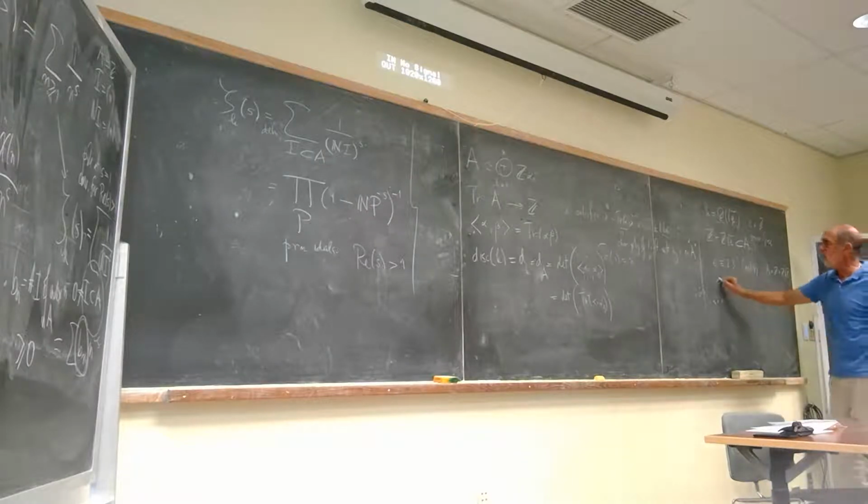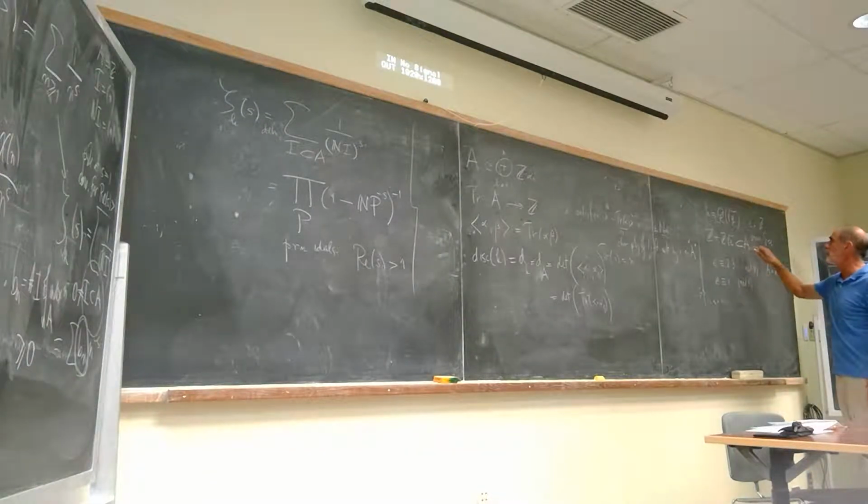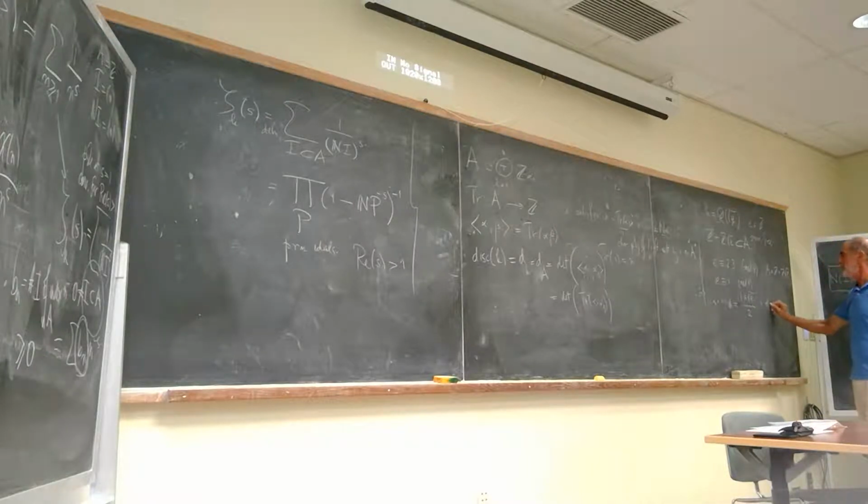But if e is congruent to 1 mod 4, it turns out there's another algebraic integer, alpha, which is 1 plus square root of e over 2.